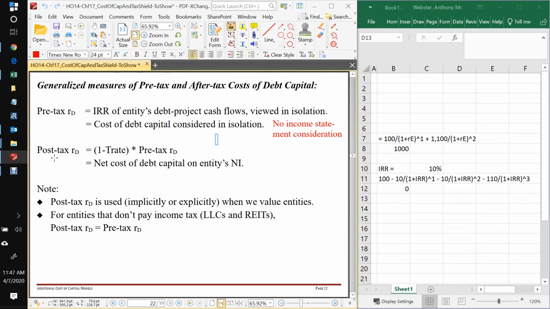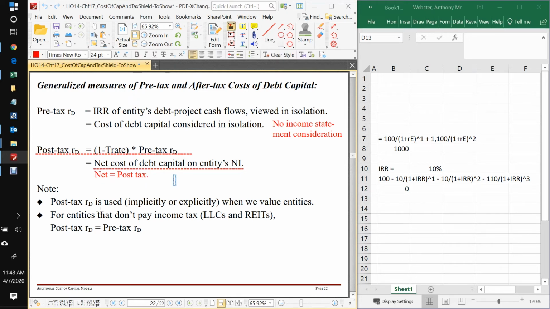And our post-tax RD, this is another important equation here, is always going to work out to be 1 minus the tax rate times our pre-tax RD. And this is what people call the net cost of debt capital. So net equals post-tax, because net means after everything that needs to be considered.